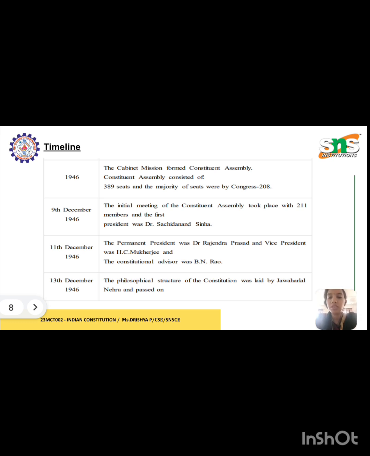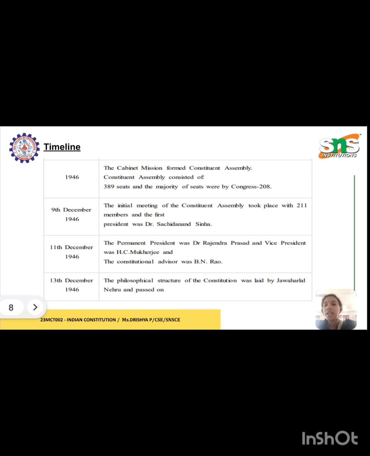Never forget those three names, as we are Indians. So the president is Rajendra Prasad, the vice president is H.C. Mukherjee, and the constitutional advisor was B.N. Rao. That is one of the important names we need to know.